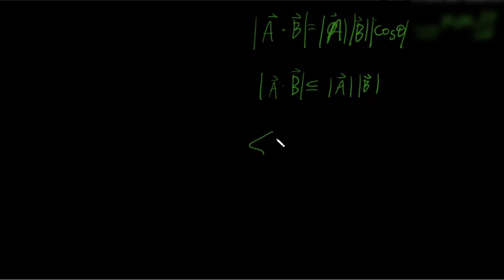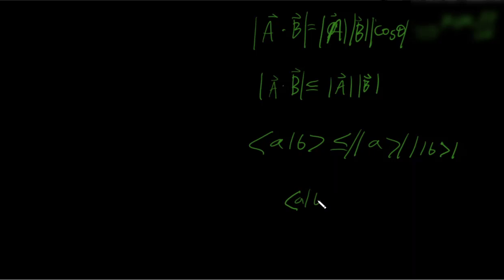So it should be true that if I've got something A inner product with B, the absolute value of this is less than or equal to the norm of A times the norm of B. But we can take the square of both sides.